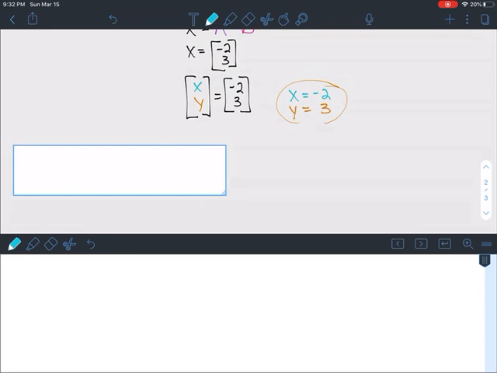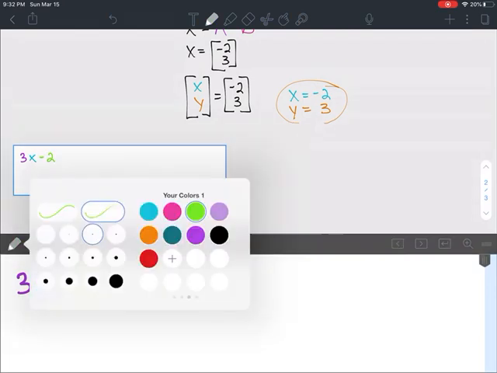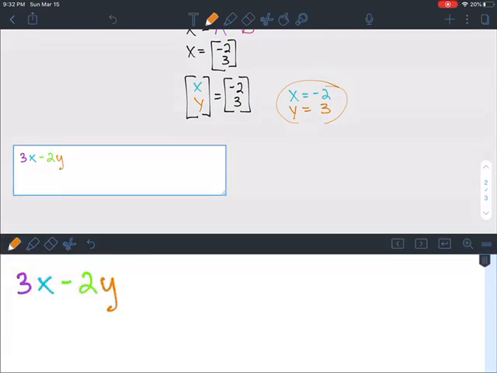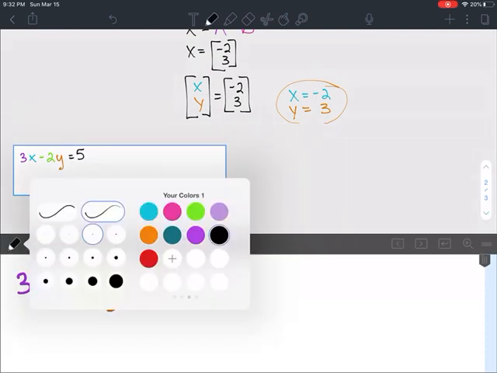So let's get these numbers. This one that I'm going to do this time is 3x minus 2y, and that's going to equal 5.